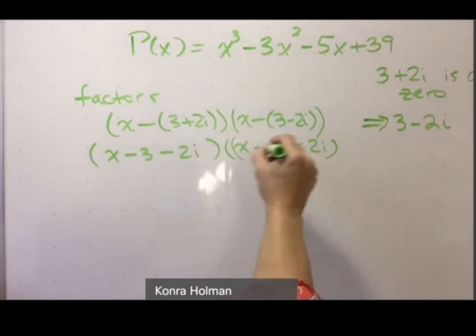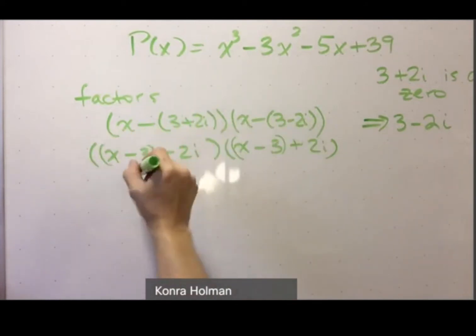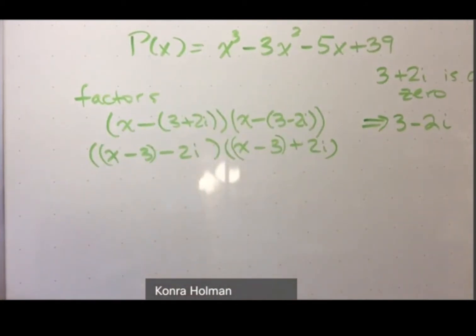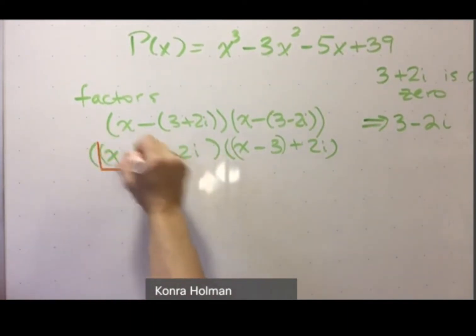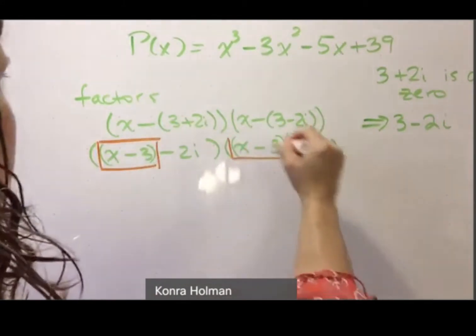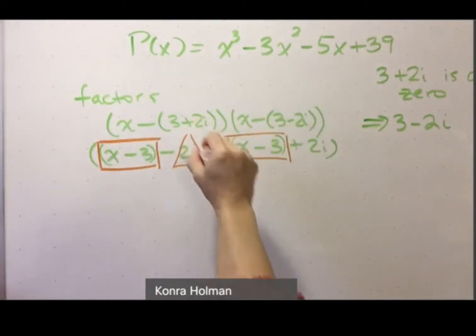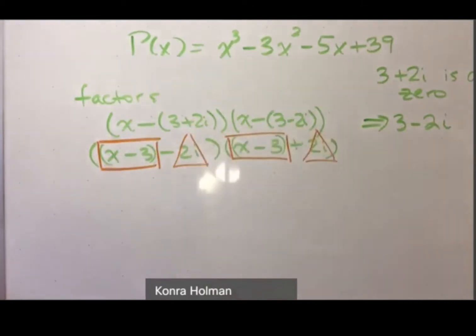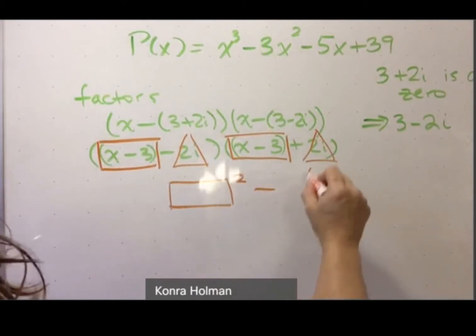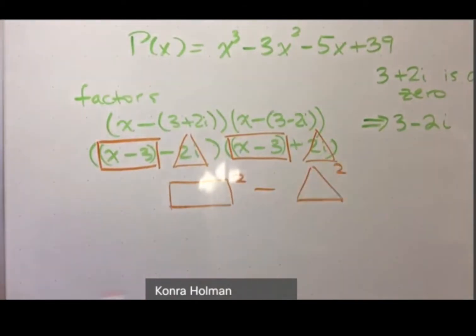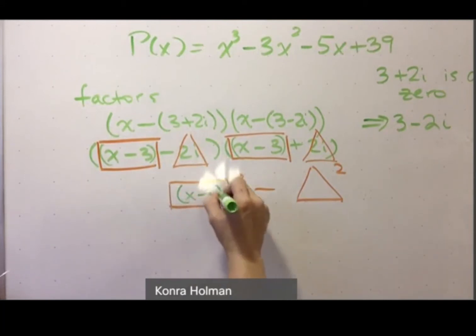So I'm going to group the x minus 3's together. Because I know that if this thing matches with this thing, and this thing matches with this thing, and the only difference is a plus and a minus, I'm going to end up squaring that thing and squaring that thing and subtracting them. So I'm going to have x minus 3 squared, and I'm going to have 2i squared.